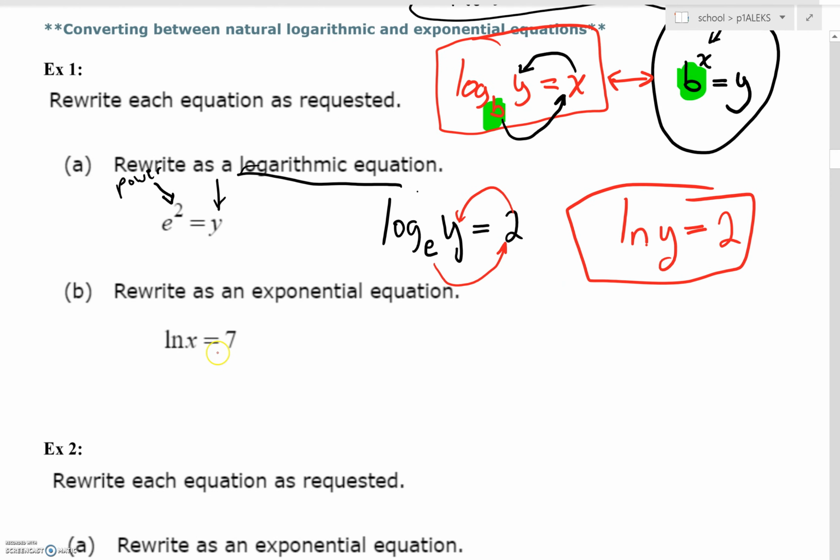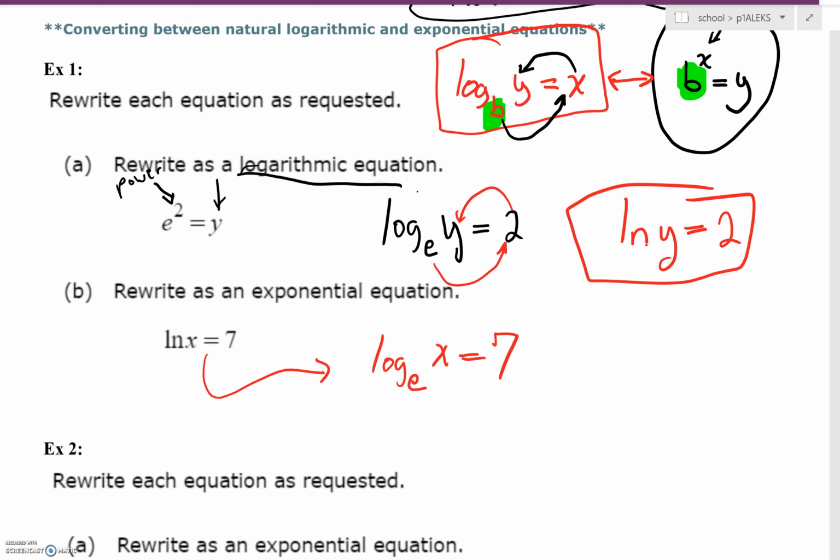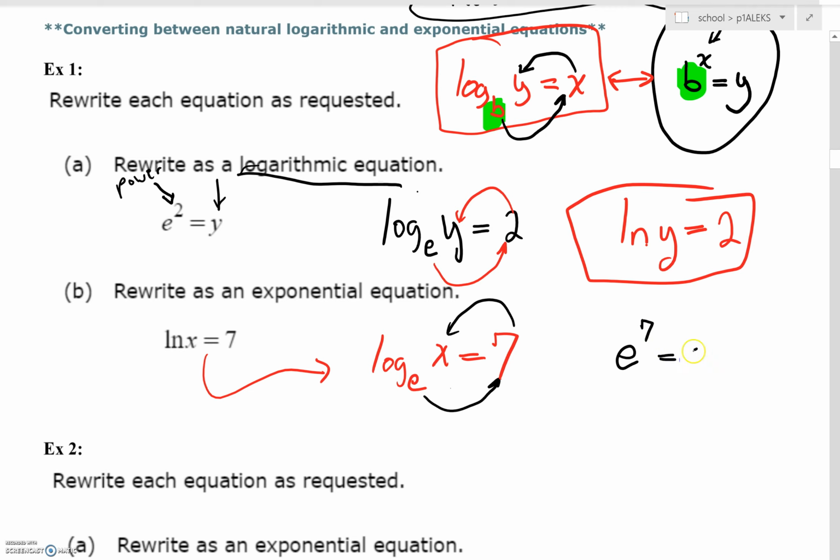This ln of x, well, it's really the log base e of x is equal to 7. Remember, that's what ln really is saying. And we now want to write this as an exponent, so we can make a log circle. We can say e to the 7 equals x. With our log circle, and we are done.